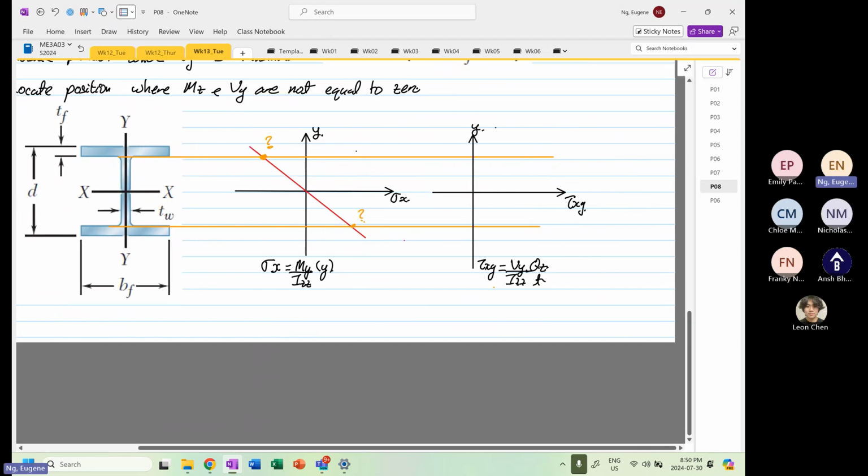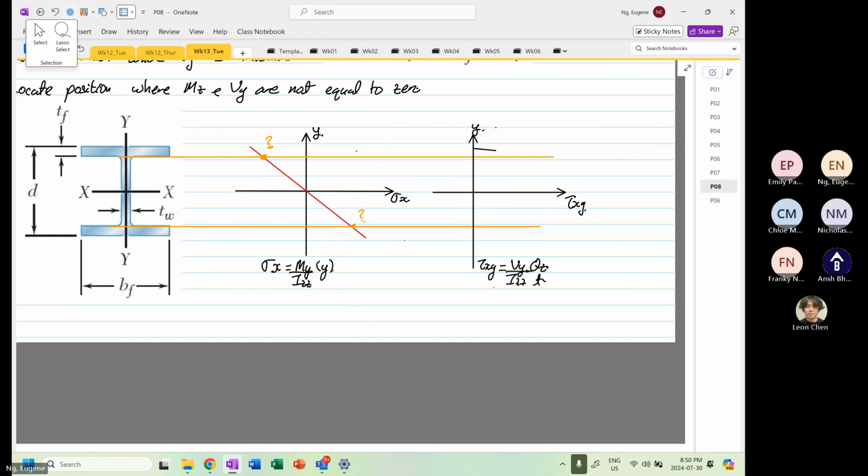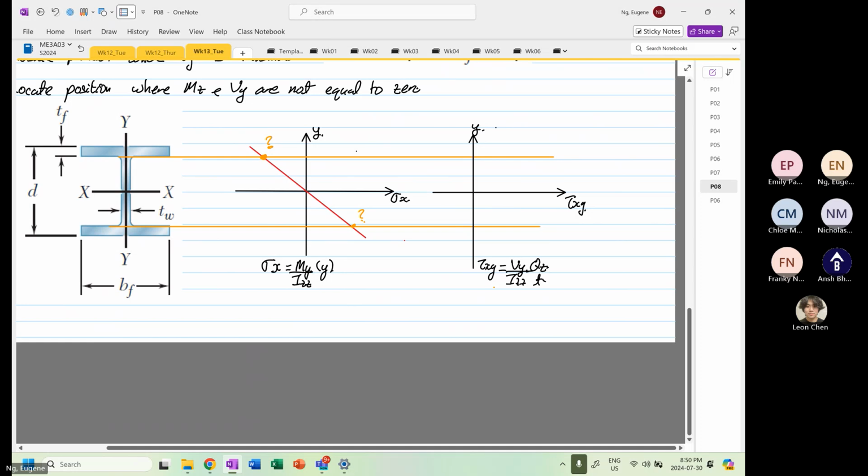Now, if you look at over here, Qz, how does our distribution look like? So our distribution will look like this. Right, just to help you quickly recall. We start from 0. It's a curve. We come to here.